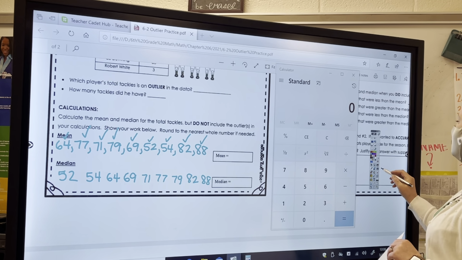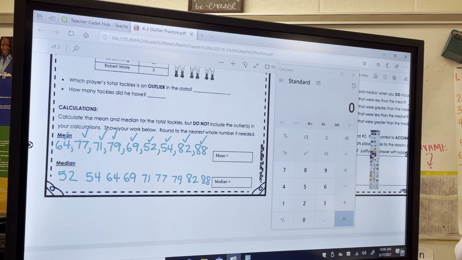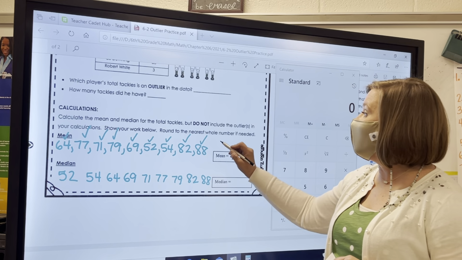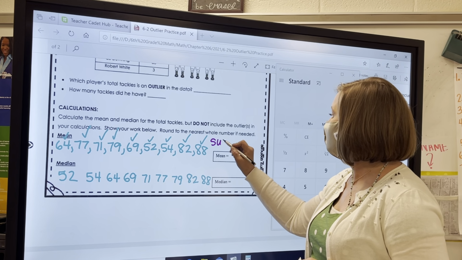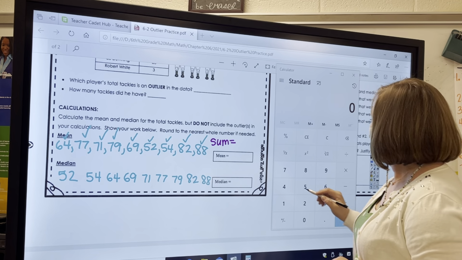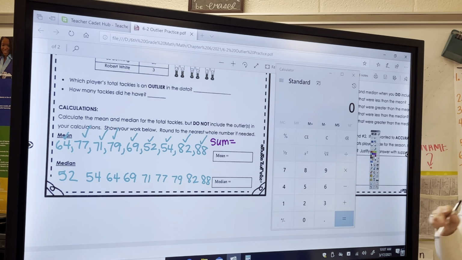When we're calculating the mean, what is our first step? After putting them in order, what do we do next? Add up all the numbers. So we've got to figure out the sum. Using your calculator, I want you to do that.